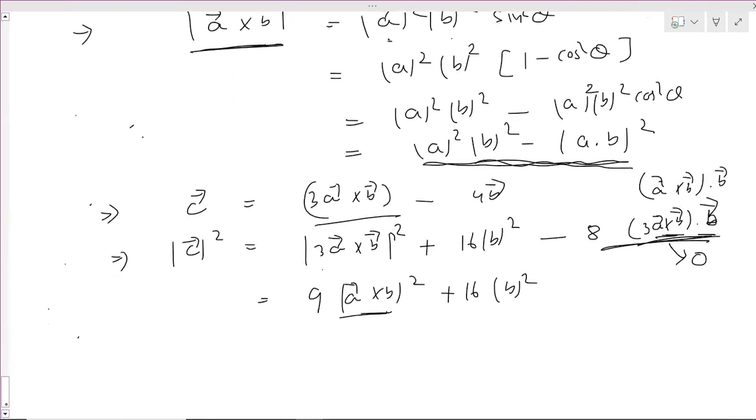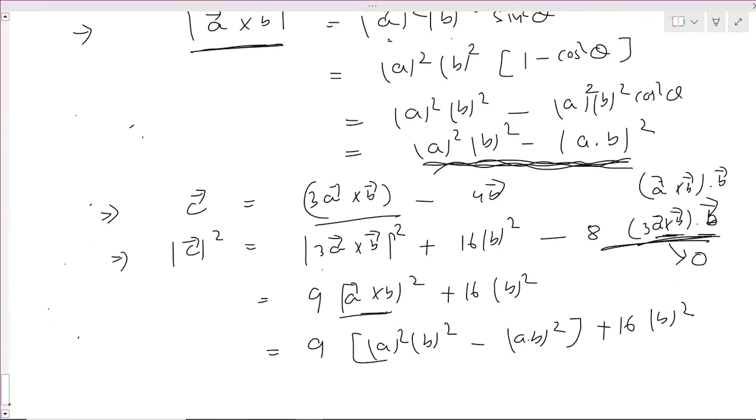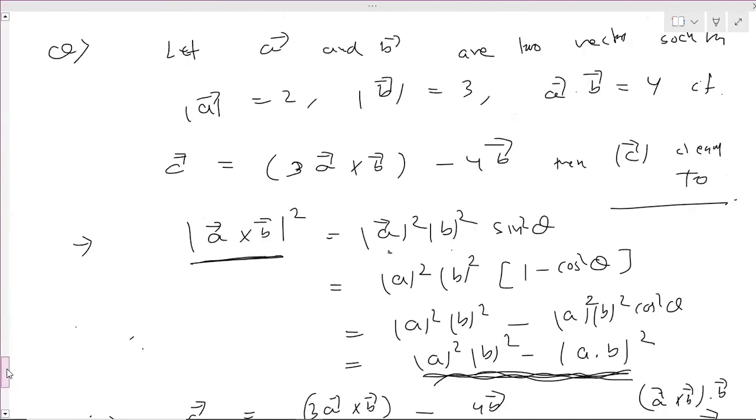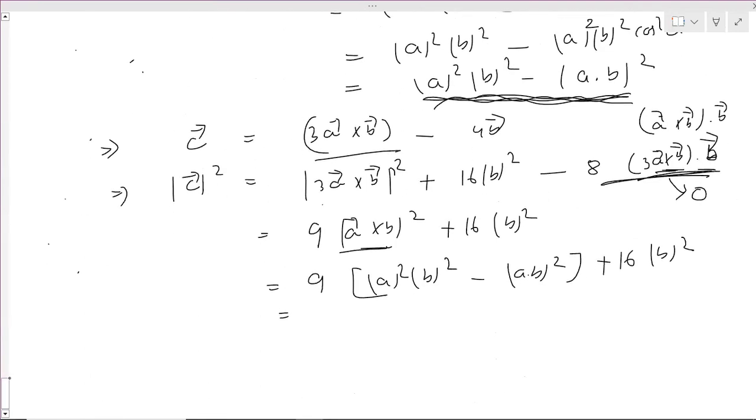A cross B square, I can write as 9 times A square B square minus A dot B square, plus 16 mod B square. Now you have all the values. Mod A is 2, mod B is 3, A dot B is 4. So 9 times 4 into 9 minus 16, plus 16 into 3 square, which is 9.